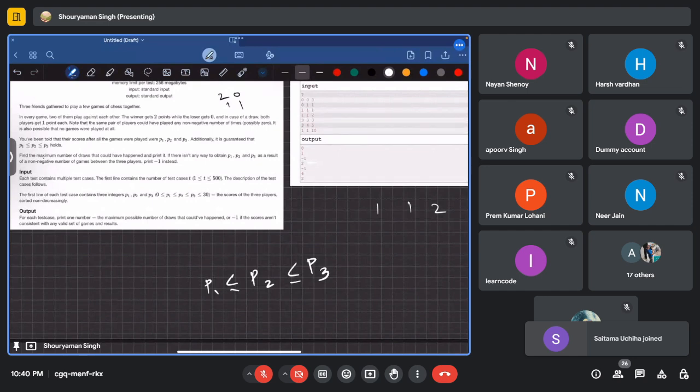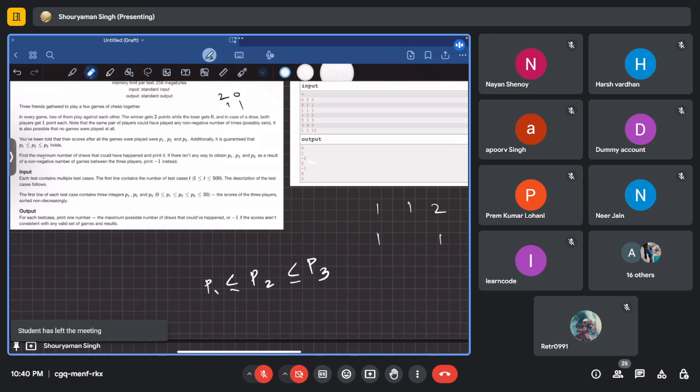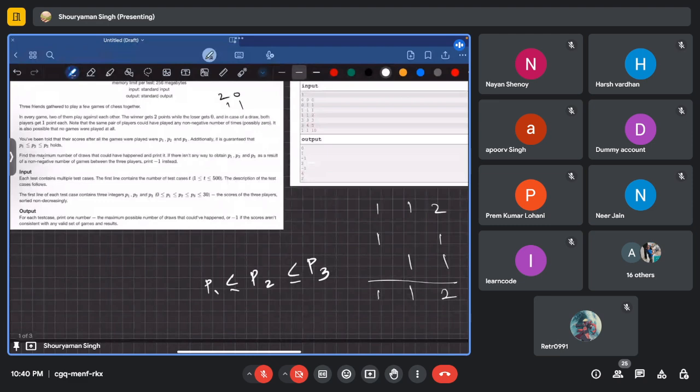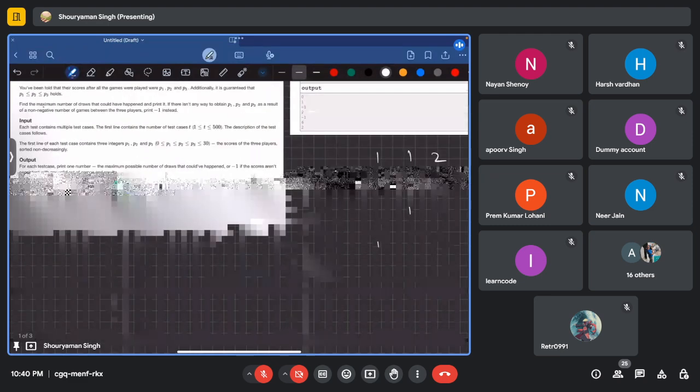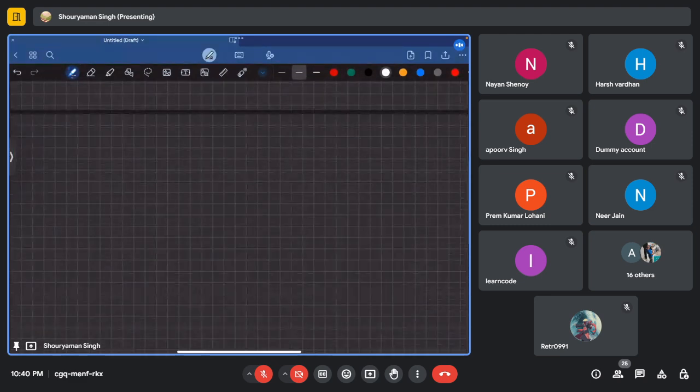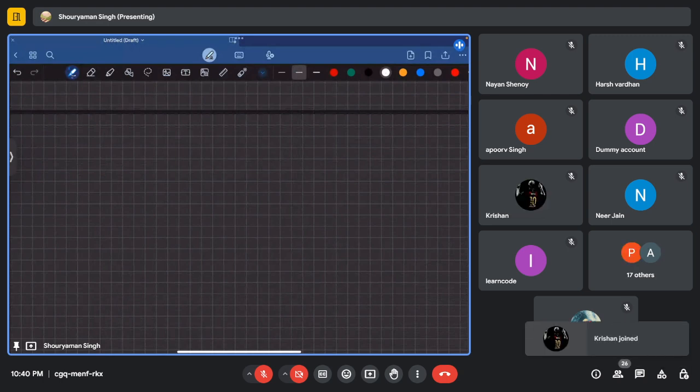And if you see it intuitively, let's say that these two played a draw once, and then these two did. Then their sums will be 1, 1, and 2. So it's pretty easy.